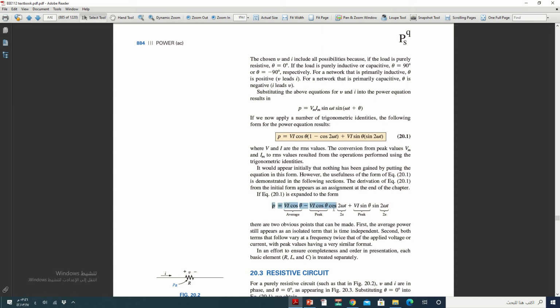We will see it when we draw the waveform for the power. We notice that this term is variable, double frequency, depending on the time, and this term also double frequency depends on the time. But this term, Vi cosine theta, is considered as average, the fixed value.